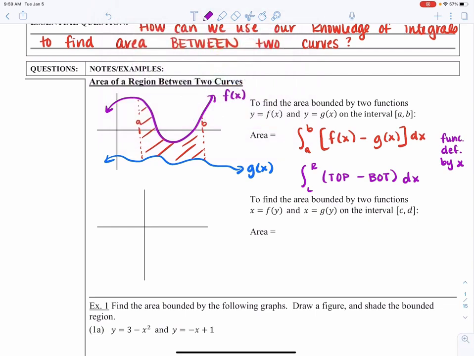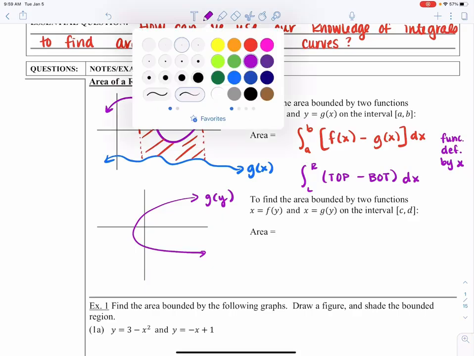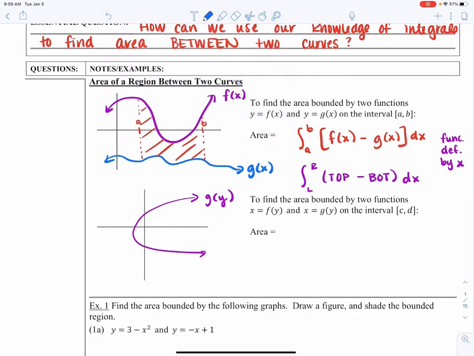So let's say we have some sort of sideways parabola here, and we'll call this g of y. And let's also make some sort of linear function, and we'll call this one f of y. And instead of bounding it with x's, let's actually bound it with y values.